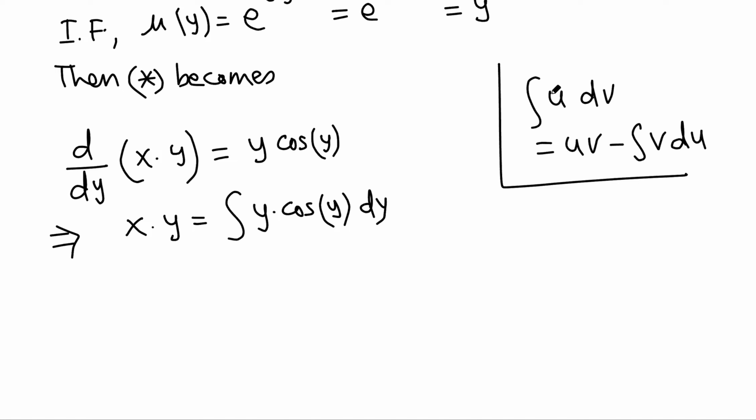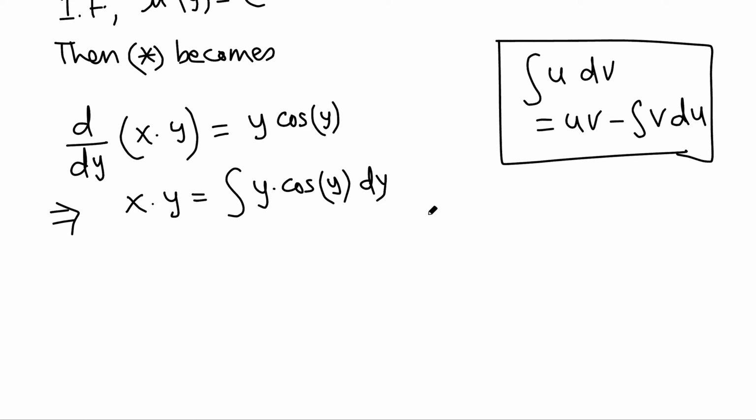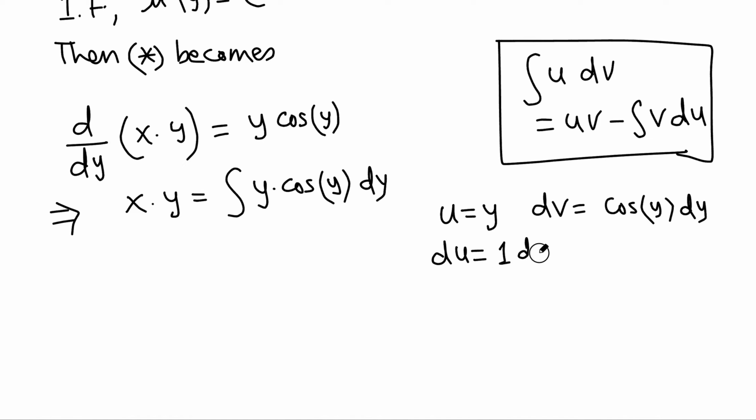Okay, let me write it in a slightly better way here. So here u is y and the remaining is dv, cosine y dy. We need du, the derivative of y is 1 with respect to y. Integrate both sides, v equals sine y.